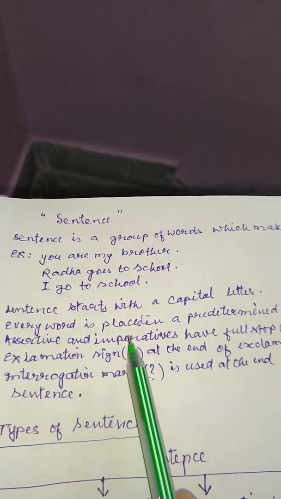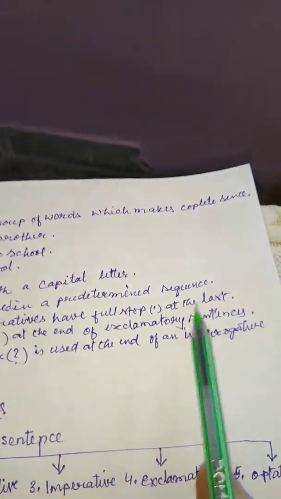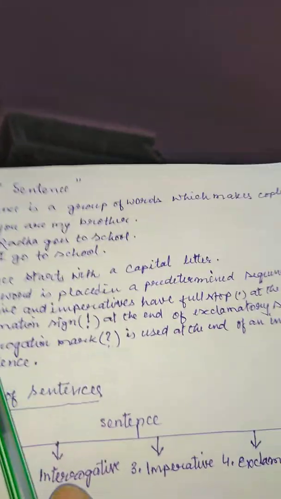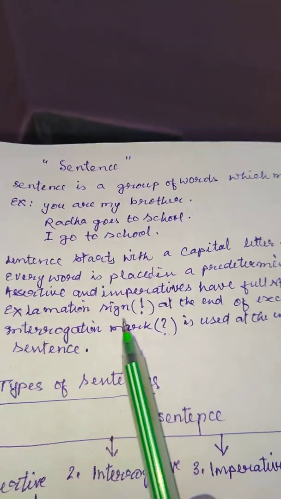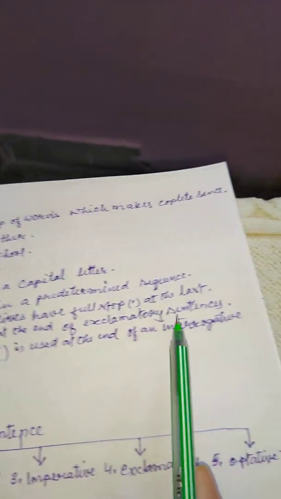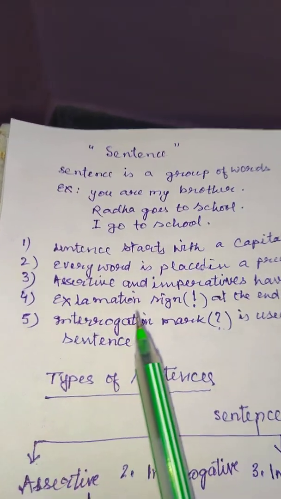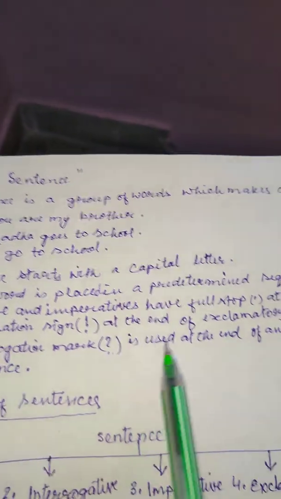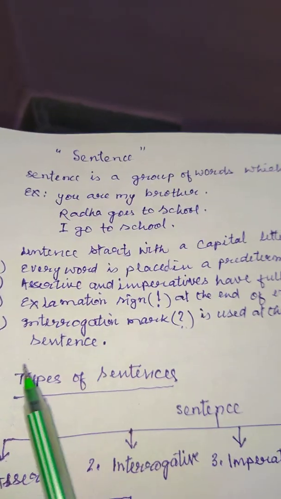Point number 3, assertive and imperative sentences have a full stop at the last. Point number 4, an exclamation sign is placed at the end of exclamatory sentences. Point number 5, an interrogative mark is used at the end of an interrogative sentence.